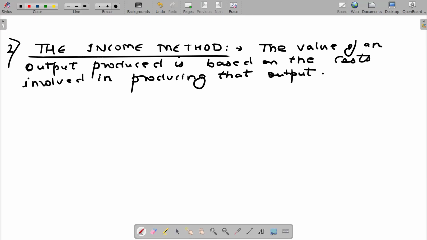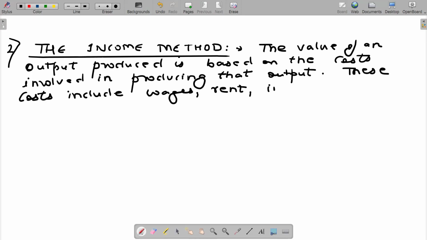What are the costs for any output? You have to pay wages to the workers, you have to pay rent on land, you have to pay interest on the capital you have acquired like machinery, and you have to pay back the profits to the entrepreneur. So I can say that these costs include wages, rent, interest, and profits.